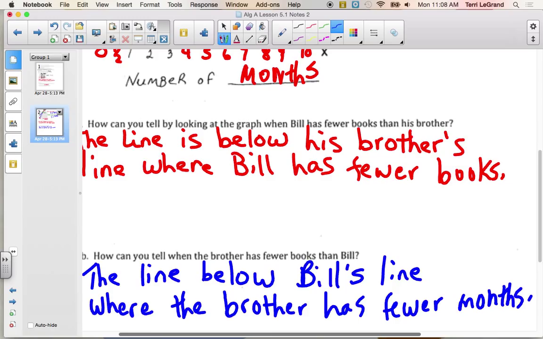After 4 months, and then they both have 23 books in their collection. Then what happens after that? Now the brother takes over. Will Bill's collection ever catch up to his brother's again? Why not? Can the two lines ever intersect again? No, they only intersect in that one spot, Anthony. So there's only that situation.